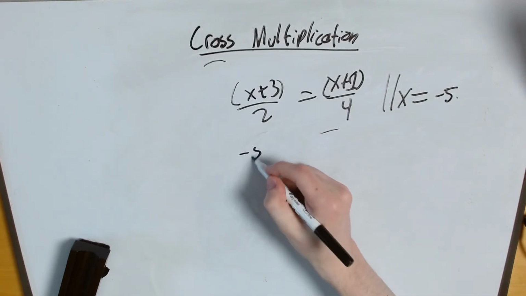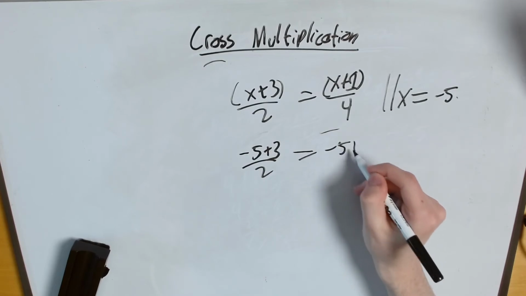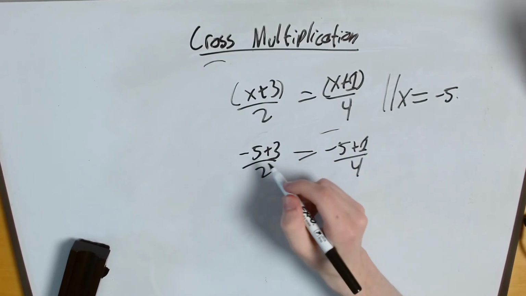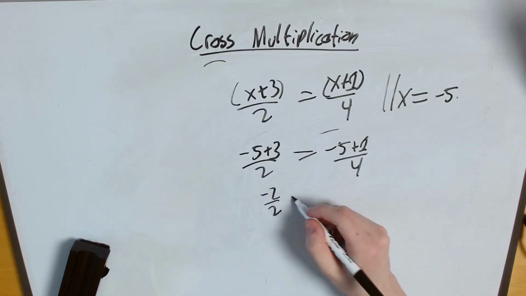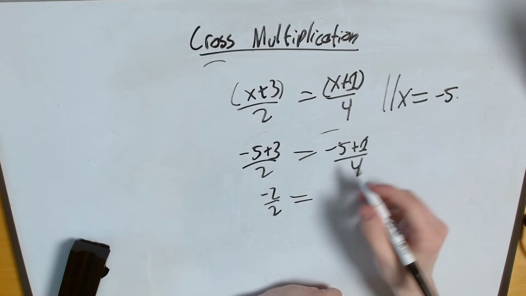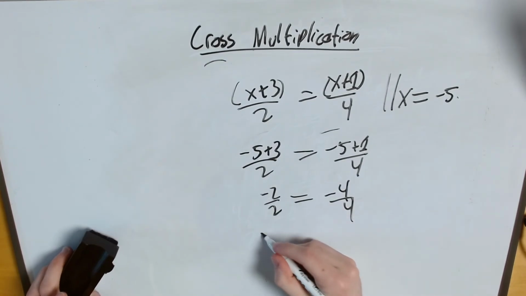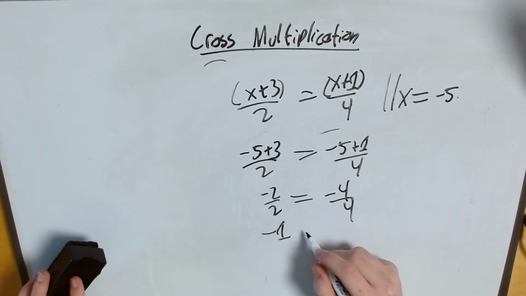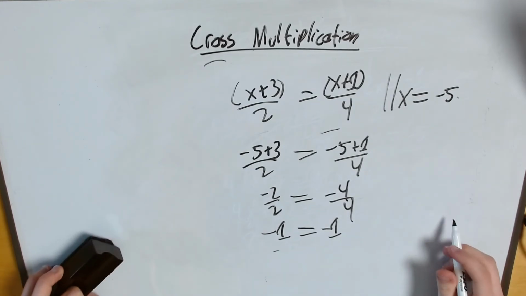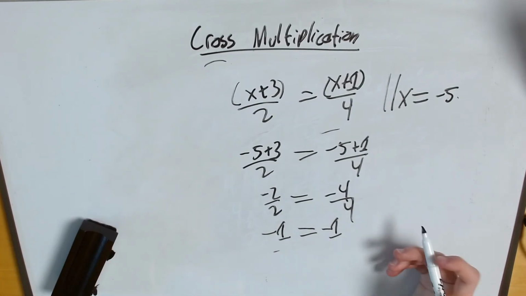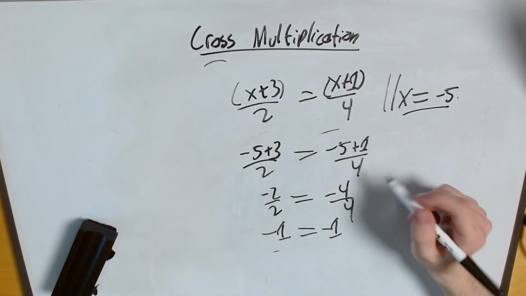So negative 5 plus 3 over 2, is it equal to negative 5 plus 1 over 4? Negative 5 plus 3, that's negative 2, so negative 2 over 2. And we have negative 5 plus 1, that's negative 4 over 4. Negative 2 over 2 is just negative 1. Negative 4 over 4 is just negative 1. We have negative 1 equals negative 1. They're equal. Our equation works. We know we found the right x value, and therefore we know that cross multiplication works.